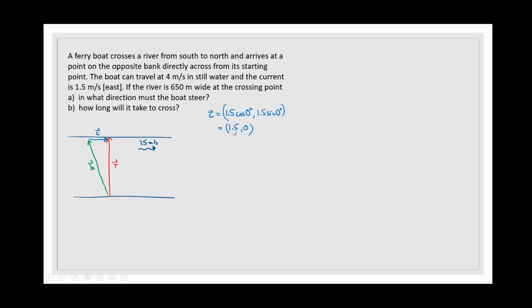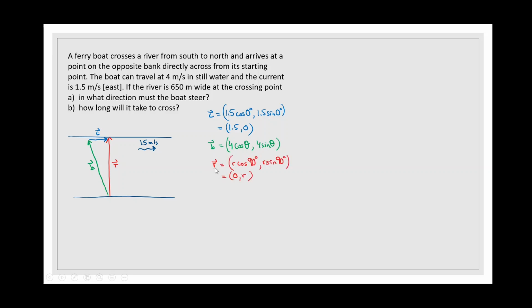So the vector is just 1.2 comma 0, which makes sense because it goes only to the right and not up or down. The boat vector, we're not told the direction at which it's going upstream, but we do know that its size or how fast it's going is 4 meters per second. So we can just say 4 cos theta, even though we don't know that theta, and 4 sine theta.